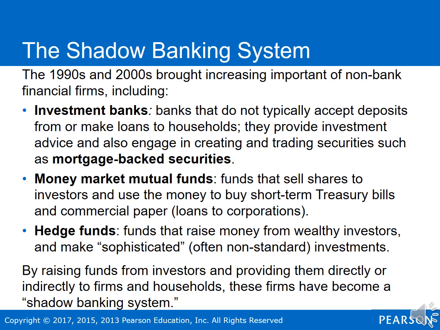And last is hedge funds. Hedge funds are funds that raise money from wealthy investors, and they make very sophisticated or non-standard investments. Regulations prevent people from below a certain net wealth from even investing in hedge funds because they're considered so risky. Basically, what rich people do with hedge funds is they may have a very complicated investment.